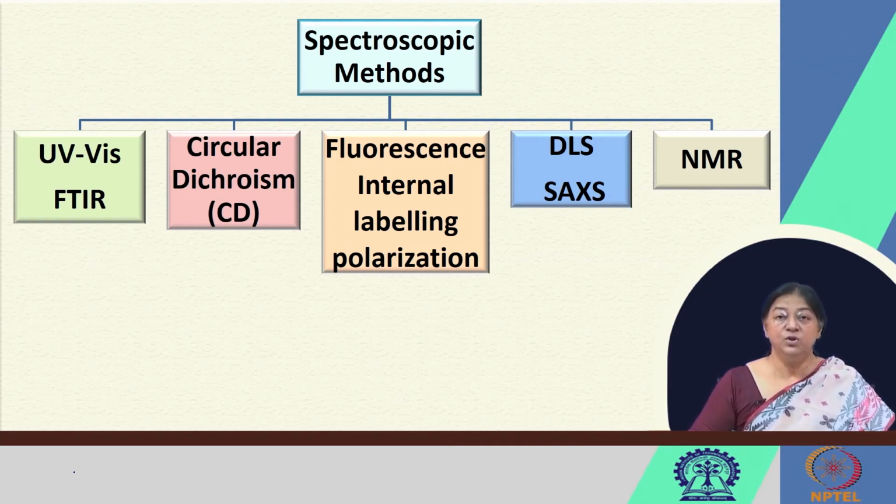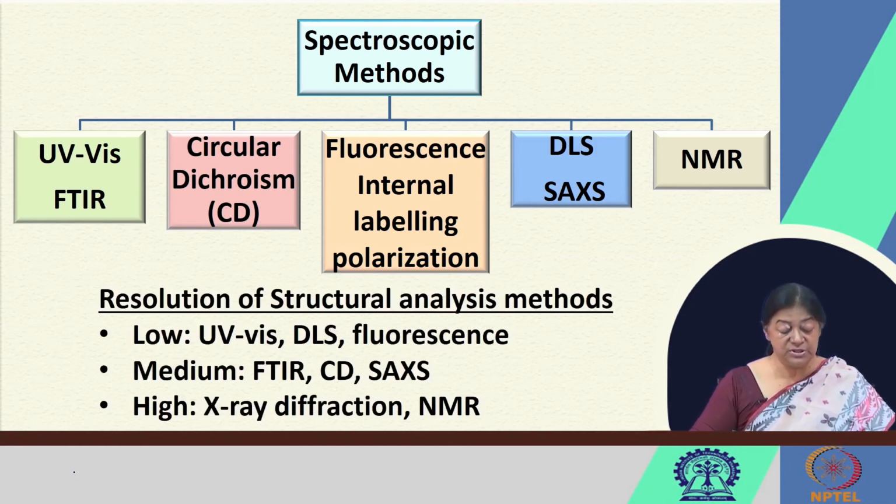So, the spectroscopic methods that are utilized in this understanding are UV visible, FTIR, circular dichroism, fluorescence, DLS, SAXS and NMR. Each of these has its own particular spectroscopic characteristics, and they provide us with specific information.